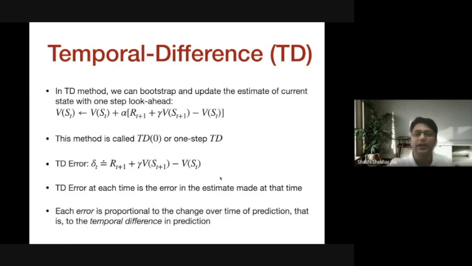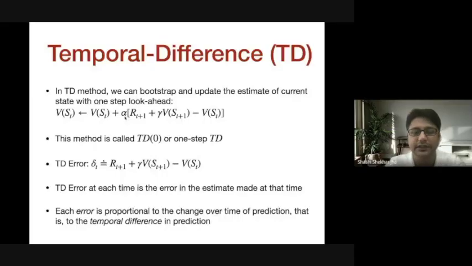And this is what happens in the temporal difference method. In the temporal difference method, the value of a state is updated based on the current value, whatever value you have, plus some alpha times something. This is a new parameter; you can call it step size or learning rate. Then we calculate something called the TD error.